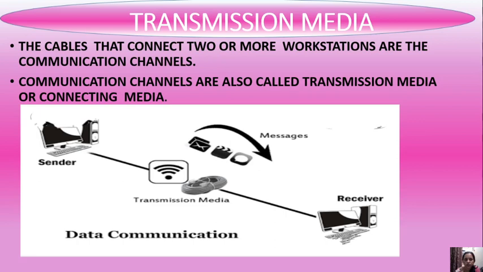At the top left corner, one sender PC is there, that is we can say source computer, and on the other side you can see the receiver PC. So from sender to receiver, a message can be sent via a transmission media, and that transmission media can be wired or wireless.